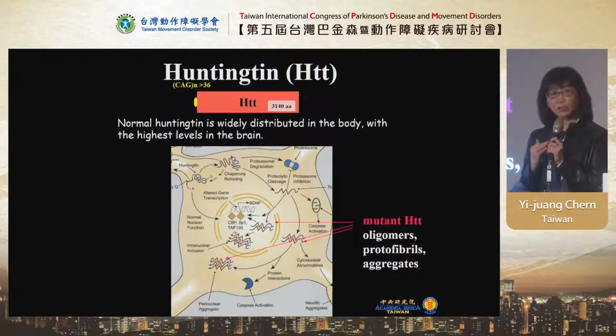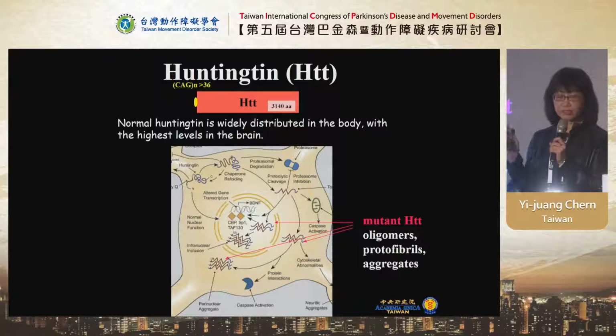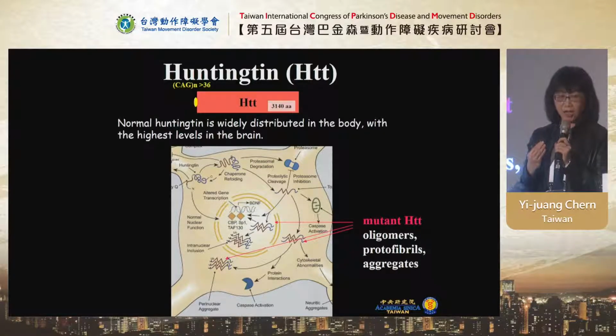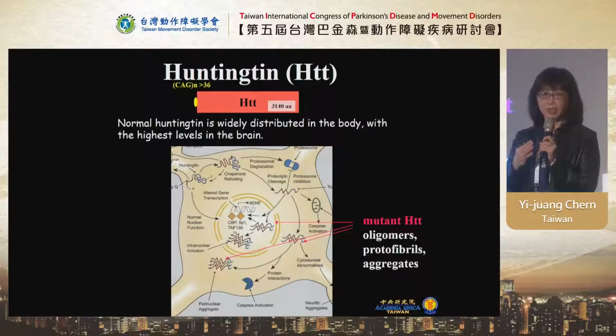About 2.5 years ago in Boston, there was a talk discussing it, because they were preparing to go into a phase 2 or phase 3 study. At that time, the scientists involved showed many good data about it. And the clinical trial already started phase 3 last year in January.